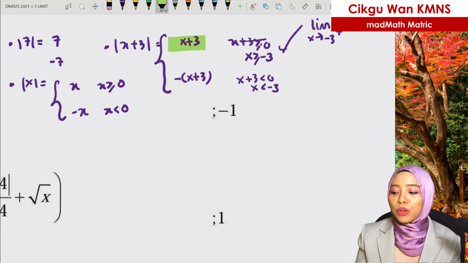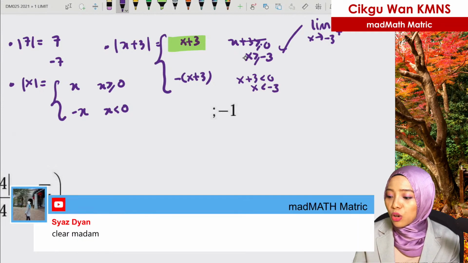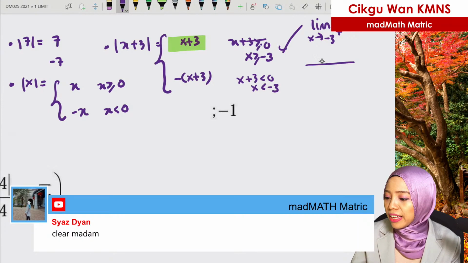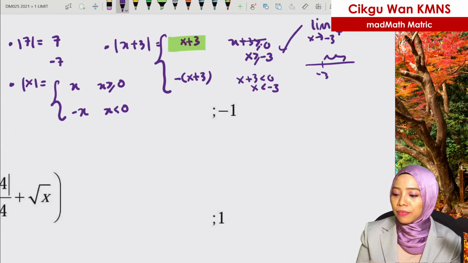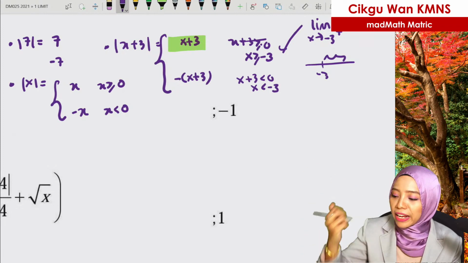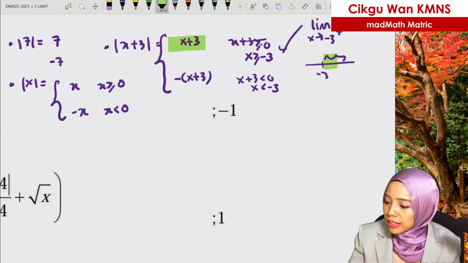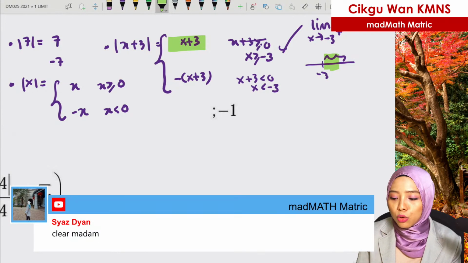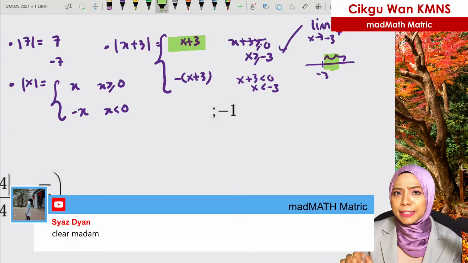You are going to use the positive x plus 3, because you have written down the interval here. If it is greater than negative 3, like in our case where they want the limit as x approaches negative 3 from the right, the function you are using is x plus 3.